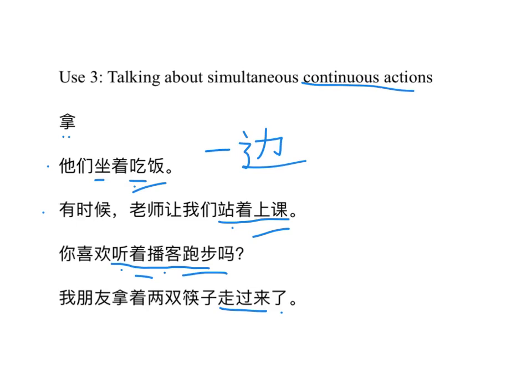There's a lot of clothes hanging in my room. Or continuous actions. 他们坐着吃饭 right? They're sitting and eating. That is, they're eating while sitting. So we can see these three guys, and they're all related because they're all talking about things that are continually going on. All right? That restricts it a lot.